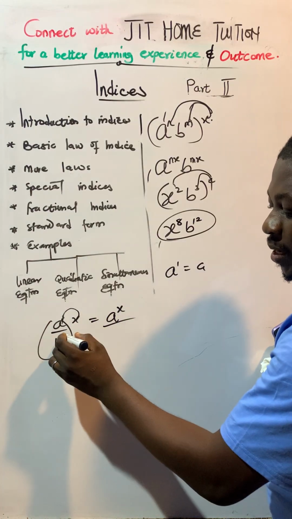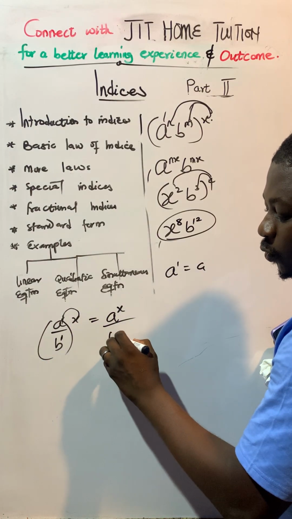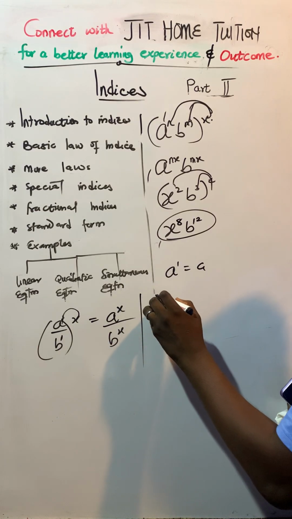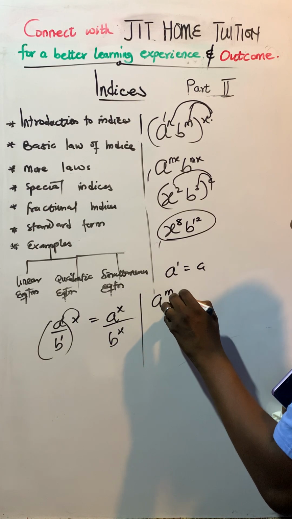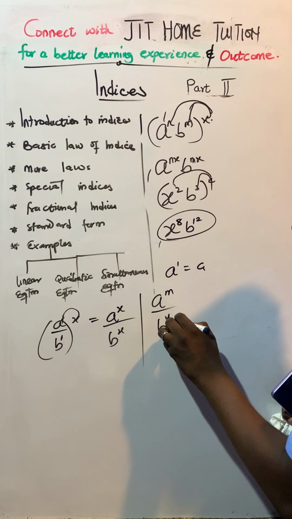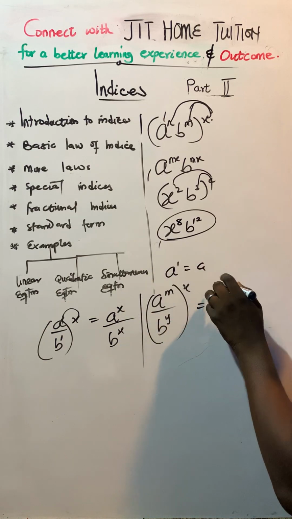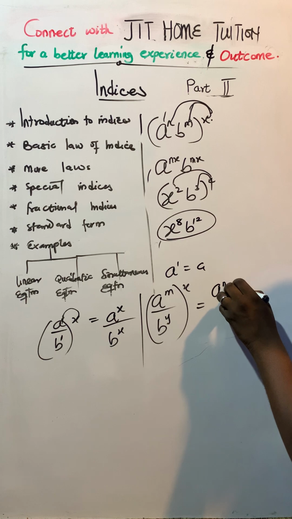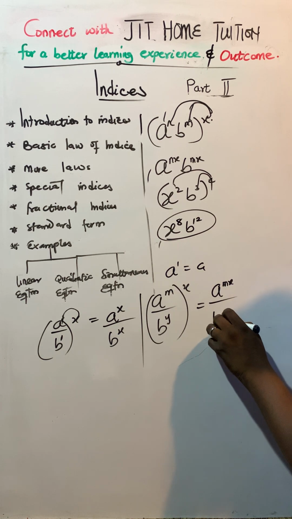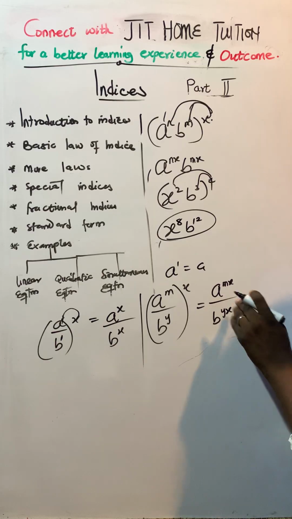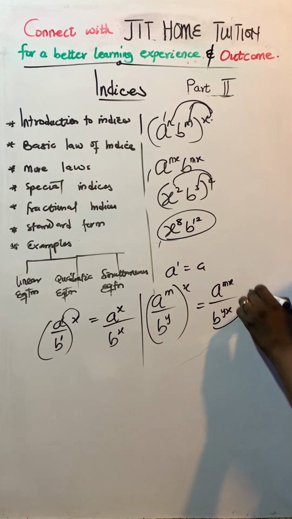Then it will multiply the b. The power is also 1, giving you b exponent x. So assuming that you had a exponent m on b exponent y, all multiplying x, that would have become a exponent mx multiplying b exponent yx or xy. Any of them is correct.